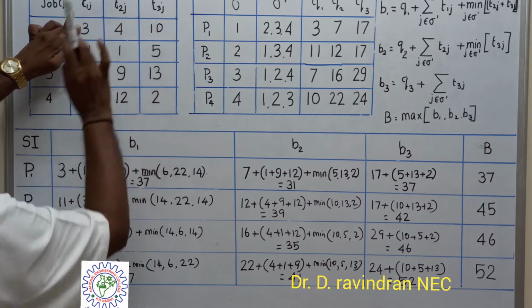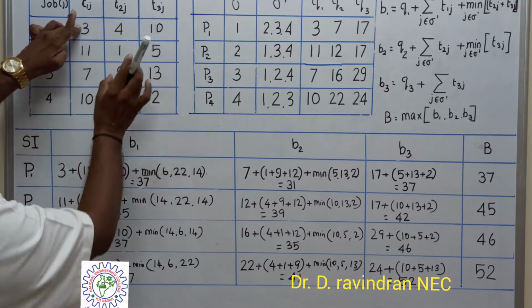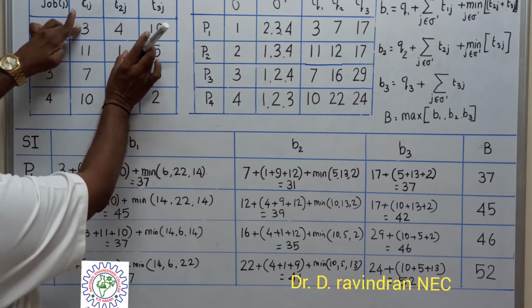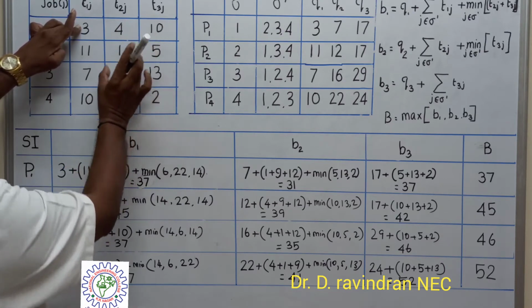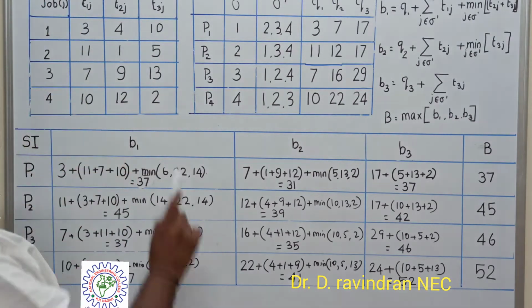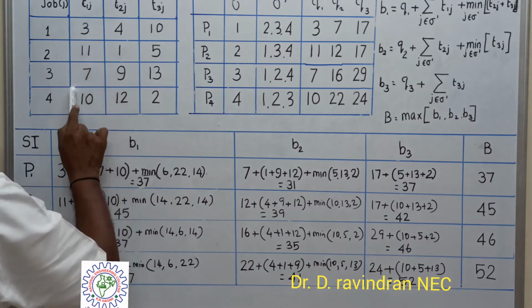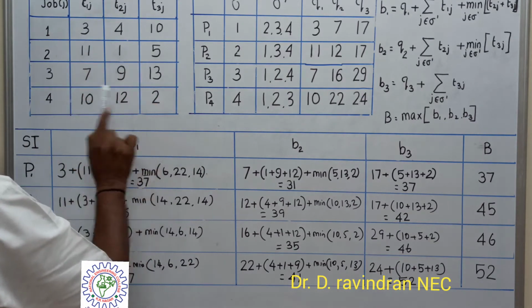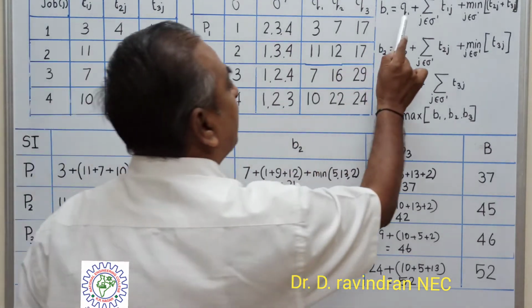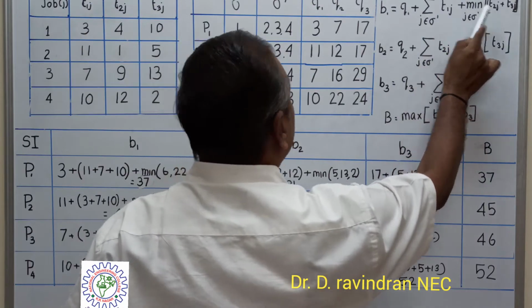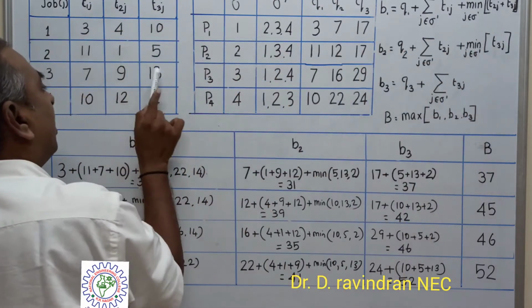That means you leave this job to be processed first, then the remaining jobs have machine 2 and machine 3 processing times. You sum these up, then take the minimum of these, and that is the constant B1. That means Q1 plus the sum of P1j plus the minimum of these 2 values.